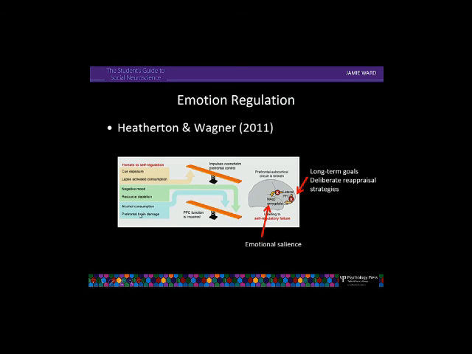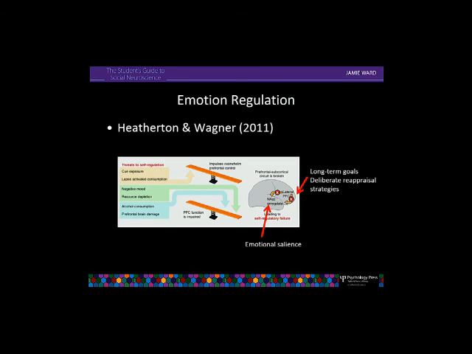Then again your emotional salience captures it. So you've got this idea of a seesaw between your ability to up or down regulate your emotions. Maybe this comes back to the idea of depression, that you've got reduced emotions, but high cognitive vigilance to whether people like you and this sort of thing.